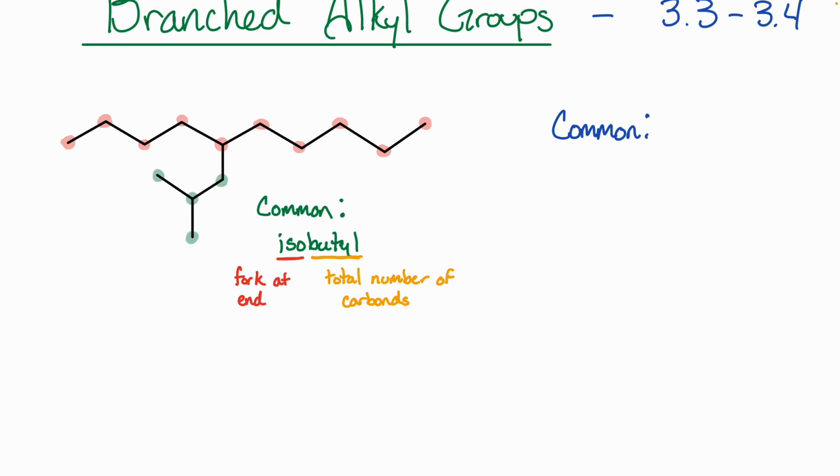I still have to indicate the position of that isobutyl group, 1, 2, 3, 4, 5. So 5-isobutyldecane.